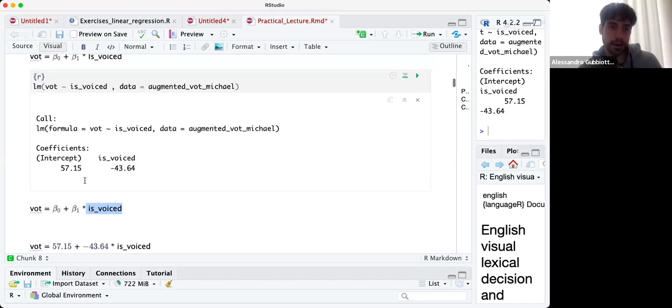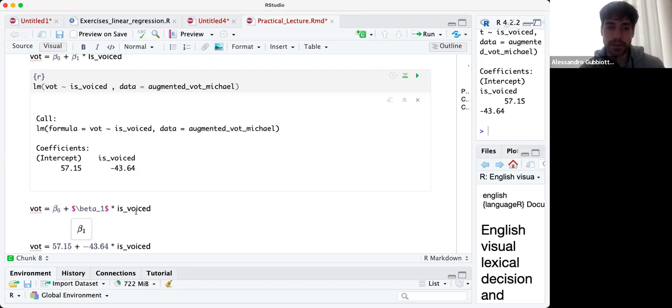And this command, this linear regression, simply estimates our coefficients, using some method that we defined in the previous lecture. So in this case, do you have any interpretation for this beta 0 and beta 1?